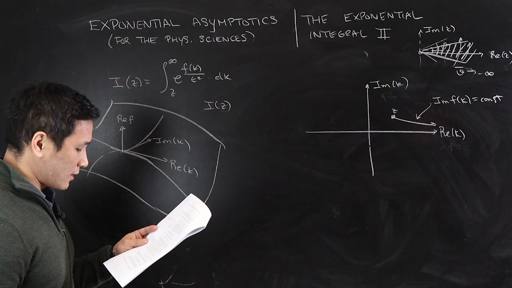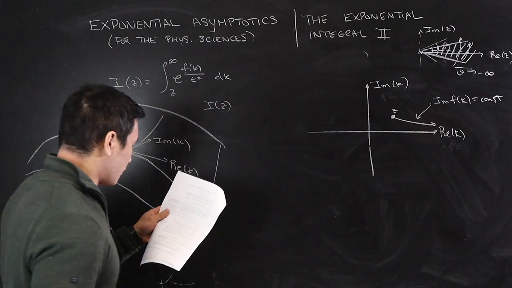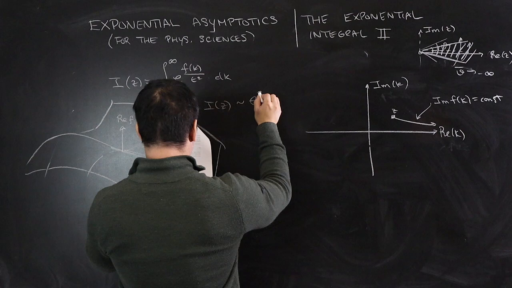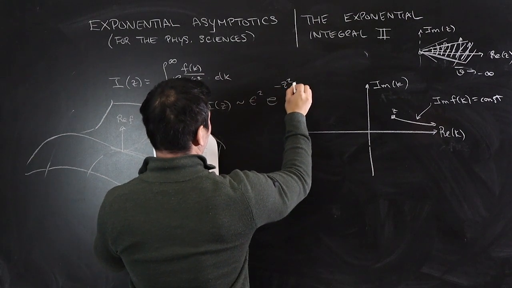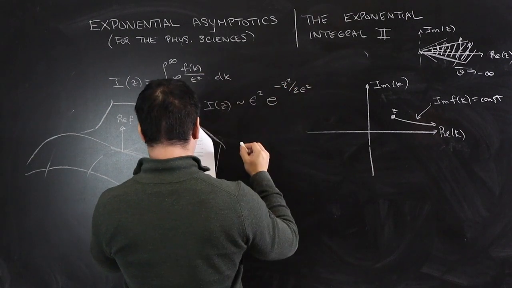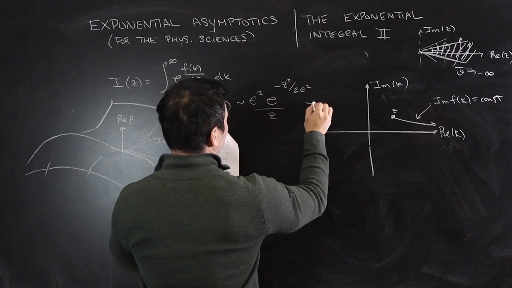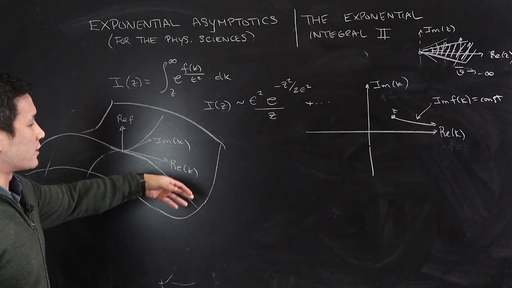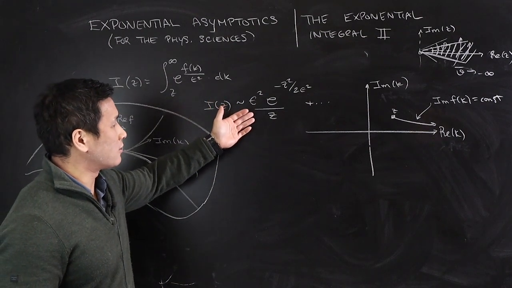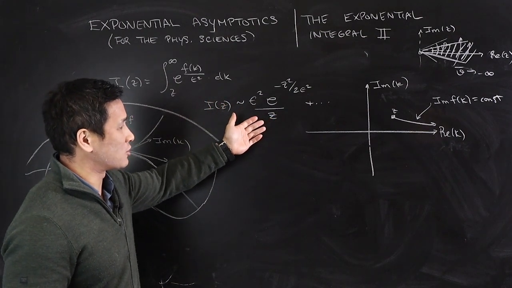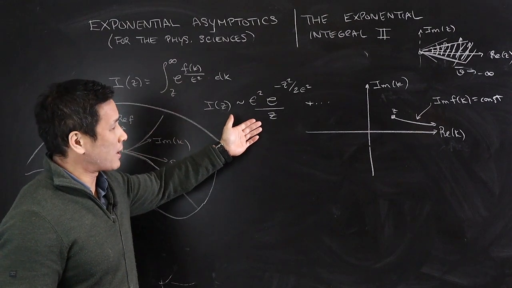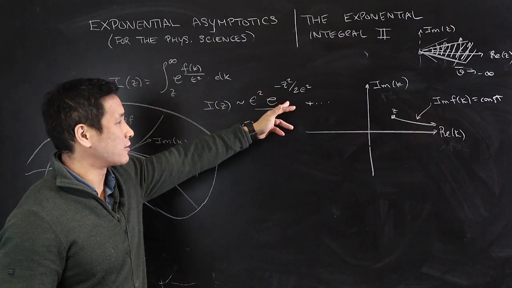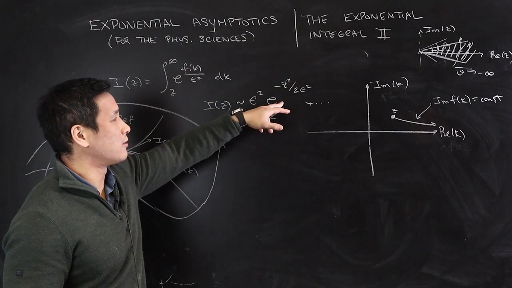And then you find that under one integration by parts, I has epsilon squared e to the minus z squared over 2 epsilon squared over z plus dot dot dot. Okay, so it's a bit weirder because the usual asymptotic expansion is not occurring in powers of epsilon. It's basically powers of epsilon times a prefactor which is exponentially small, but that doesn't really matter.